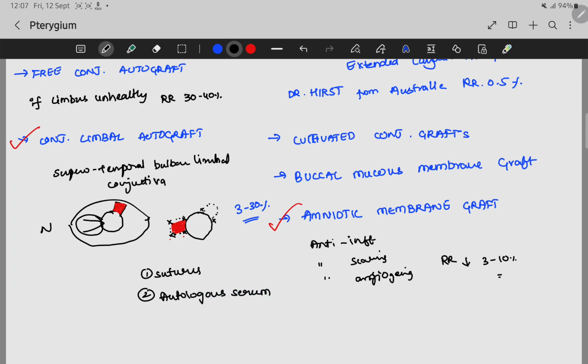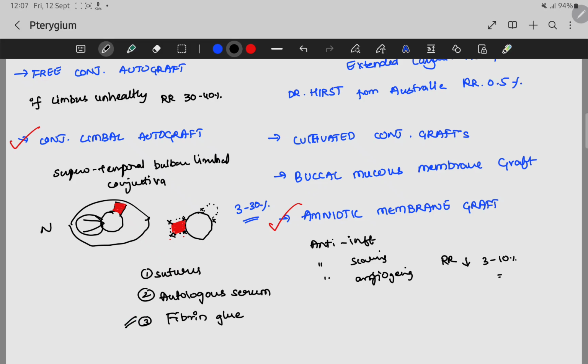So in this, the patient's own blood is used, and there is fibrin glue. In the fibrin glue, it is a very good technique.